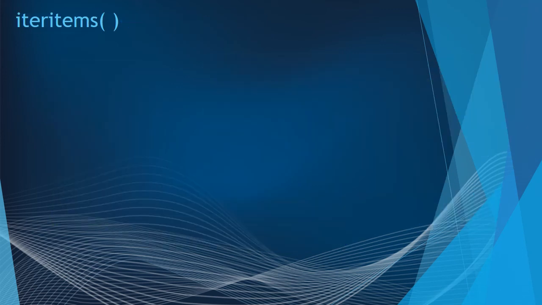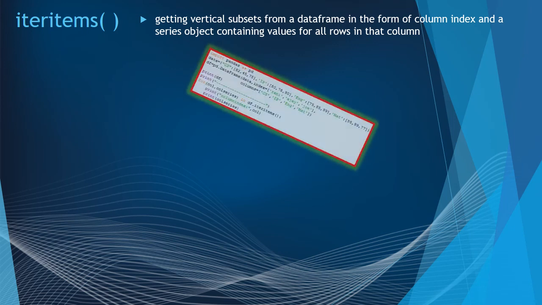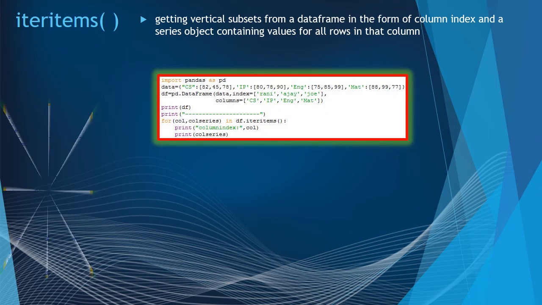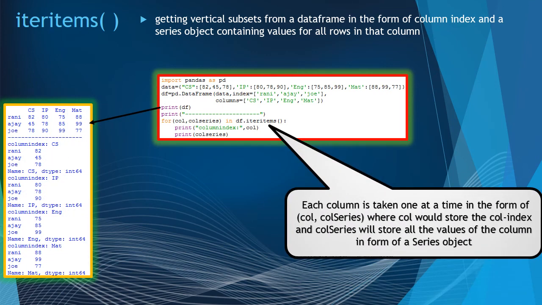Iteritems. To access the column wise elements, we can use iteritems. So see here, the same data frame with 4 columns and 3 rows, and here the iteritems function returns the column label and column values. They will be assigned to the col series variable.